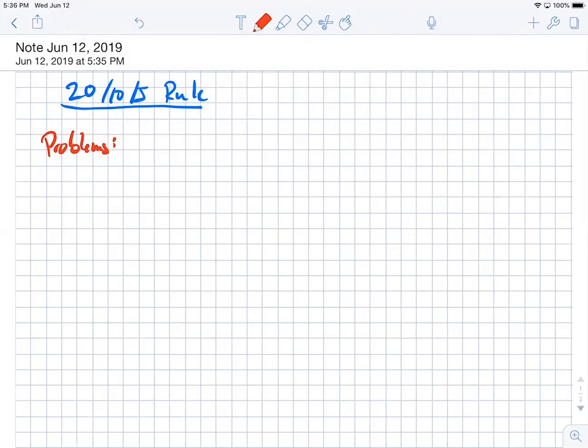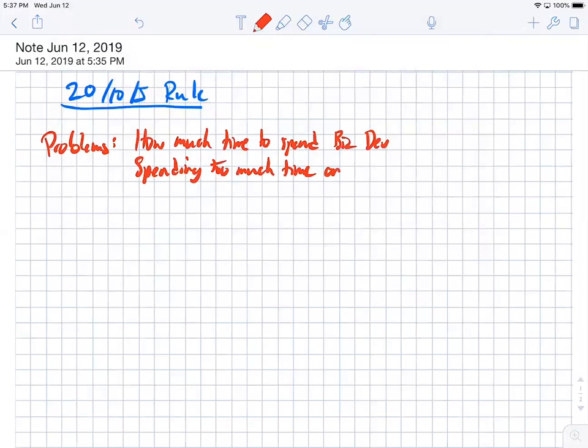It's designed to help you figure out how much time to spend marketing or biz dev, spending too much time on admin, and the third big one is, is it time to hire somebody? Okay. Those are the three big outcomes from this.